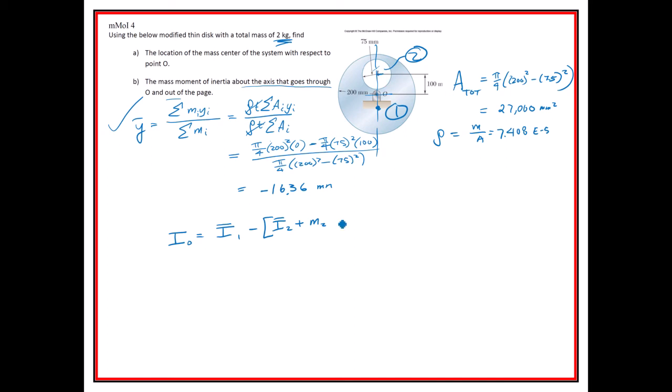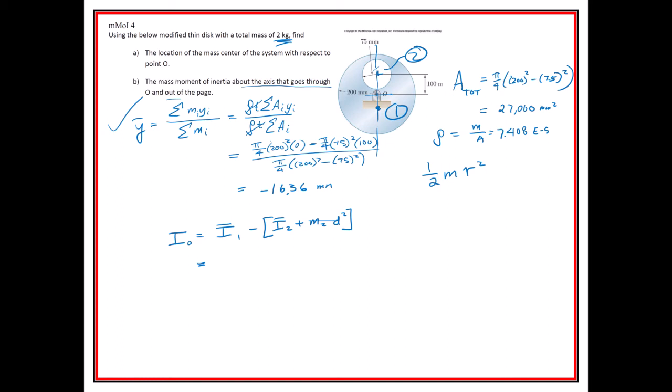So from this distance to right here, we could just call it D for right now. It's the easiest thing to remember. Both of these are going to be disks, so it's going to be 1/2 m r squared right there.